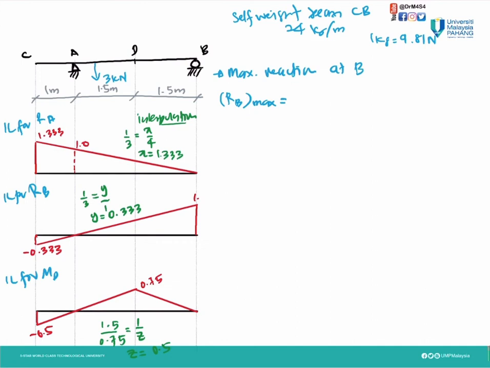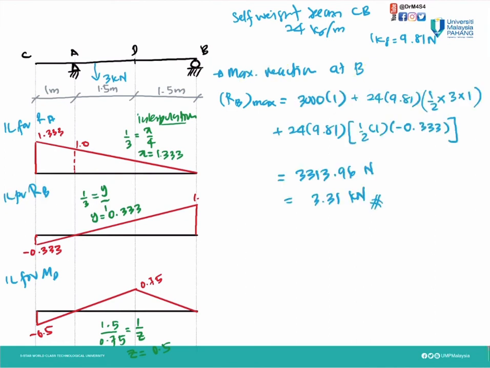Next, we need to determine the maximum reaction at B. So, the influence line RB. For that one, we have 3000 times 1 because the dolly can move there. Then we have the self weight 24 times 9.81. So we have this area, this triangle. That is the area for that, half times 3 times 1.